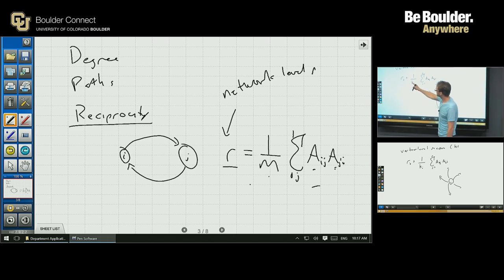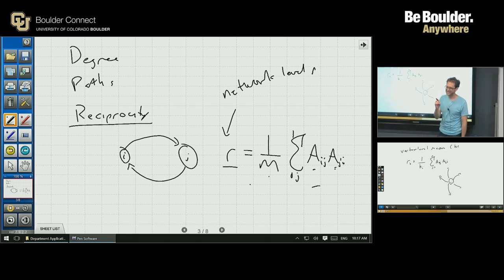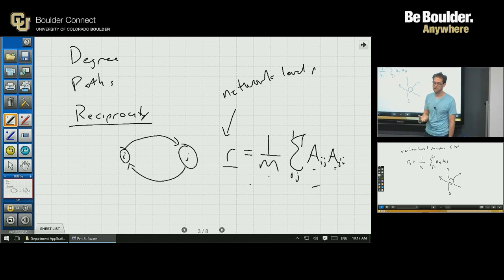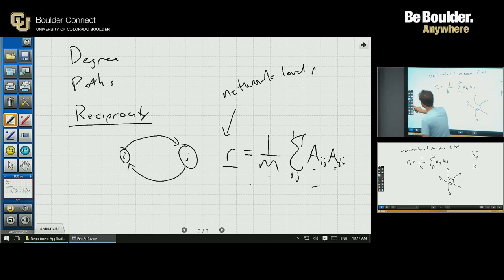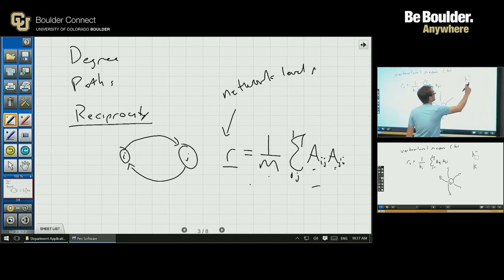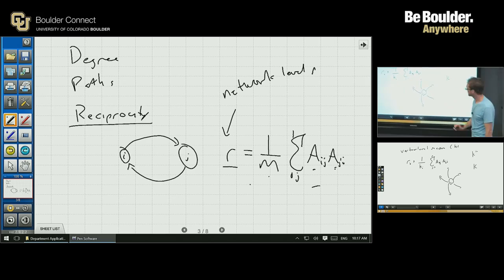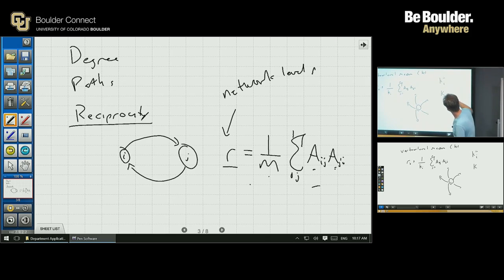This number here, this k_i, is actually not exactly right, because we're in a directed graph. So in a directed graph, you actually have two notions of a degree. You have in degree and out degree. So k_i in and k_i out.